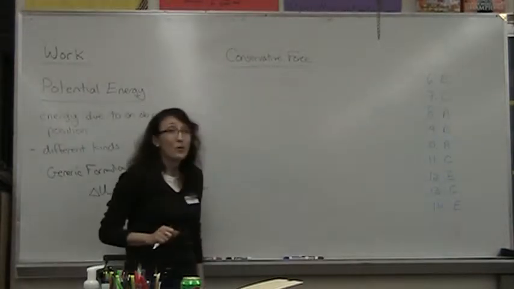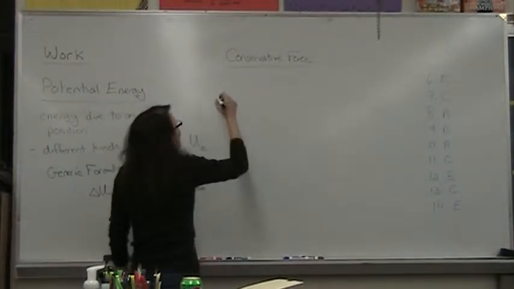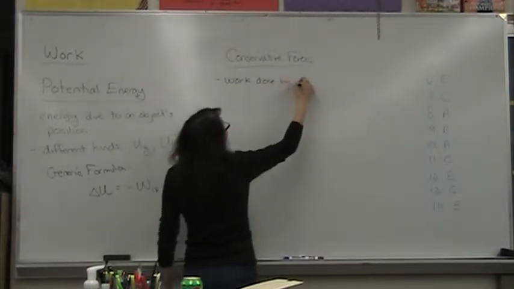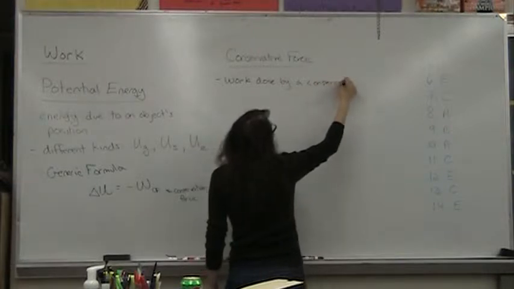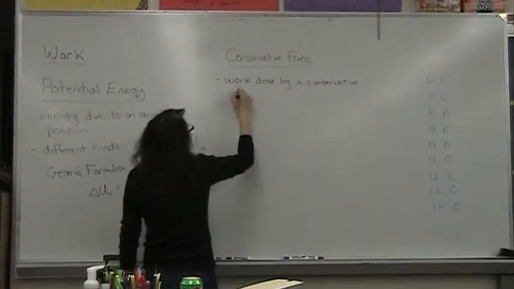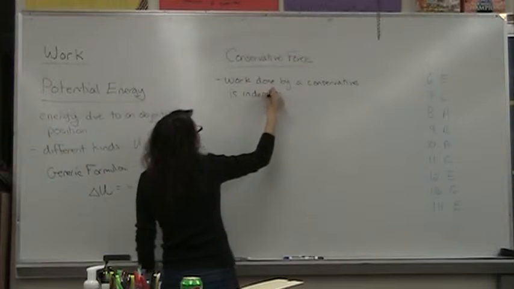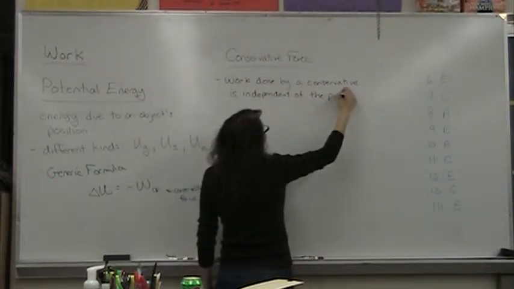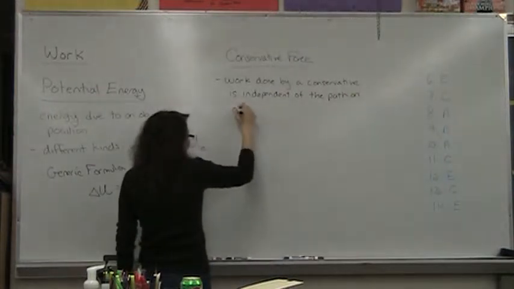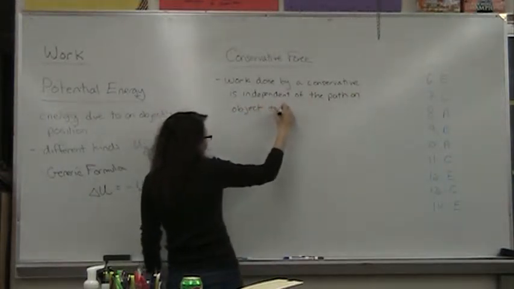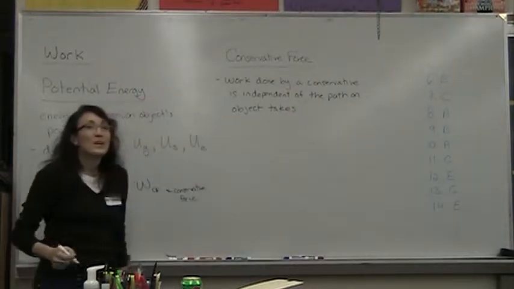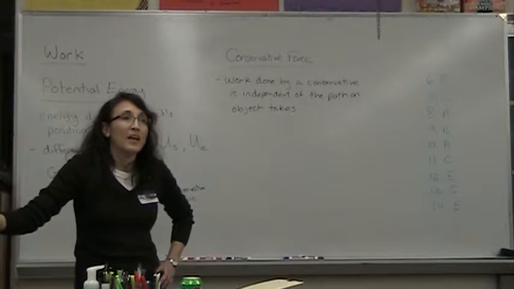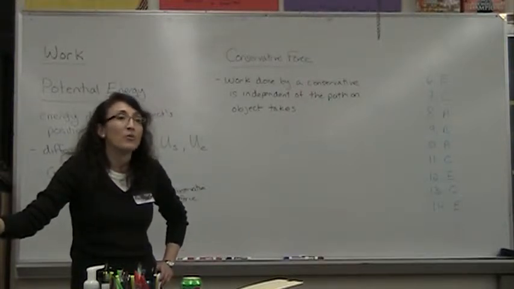And what makes a force conservative is that the work done by a conservative force is independent of the path an object takes. What that means is all that matters is where the object started and where the object ended. And it doesn't matter how you get there.